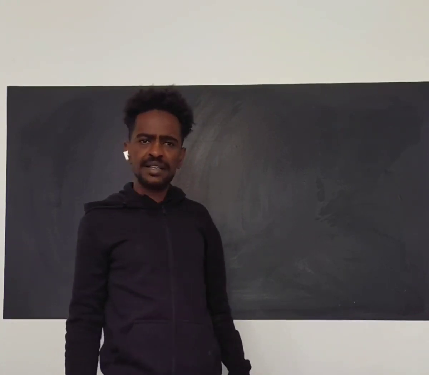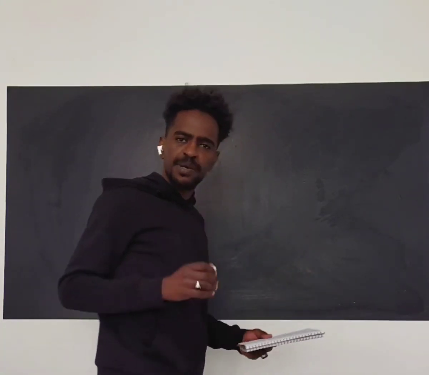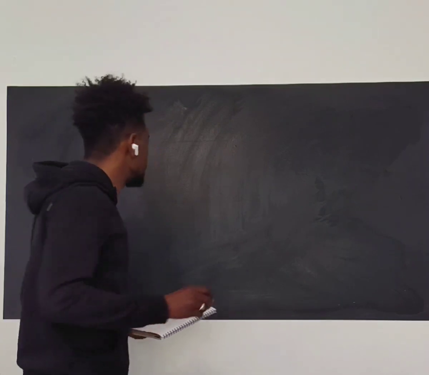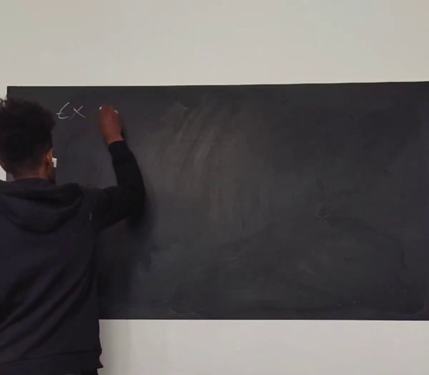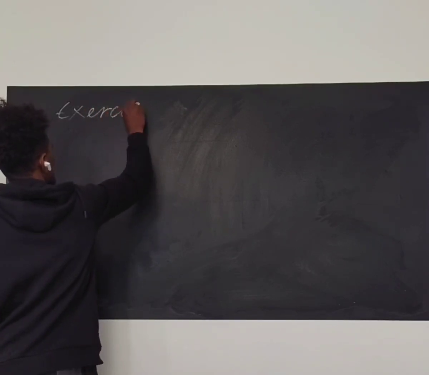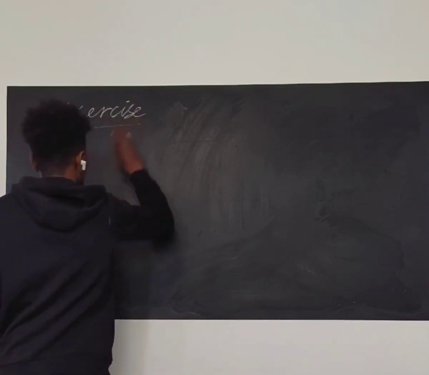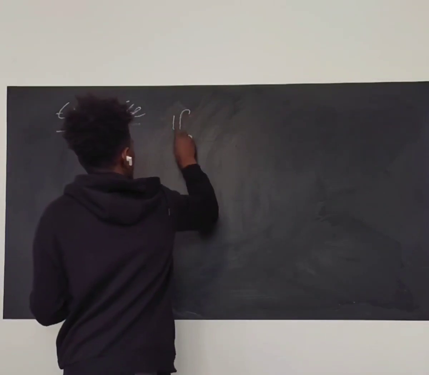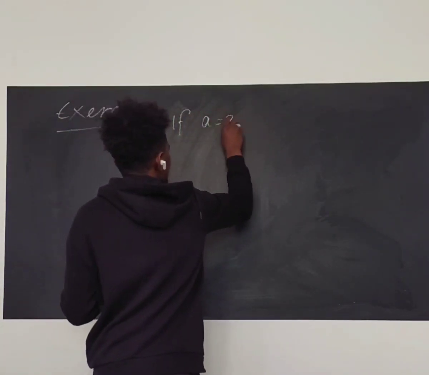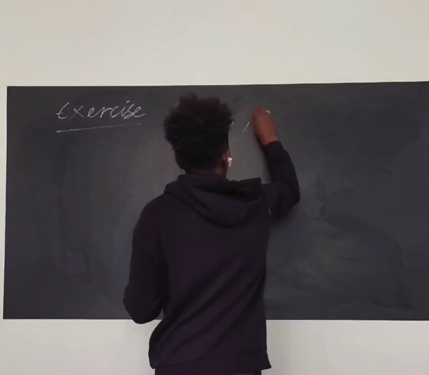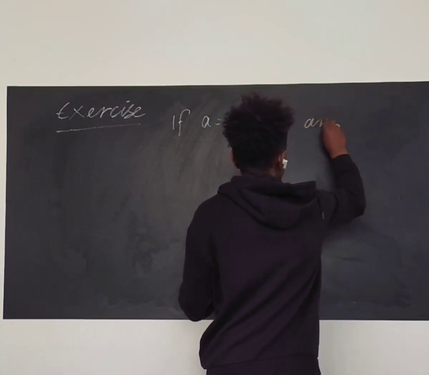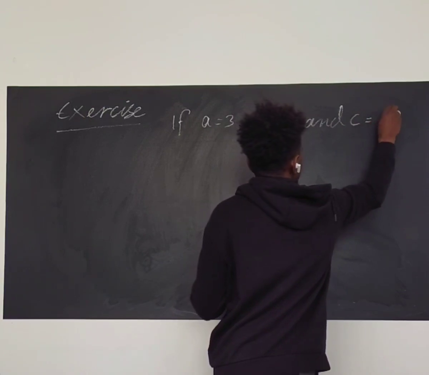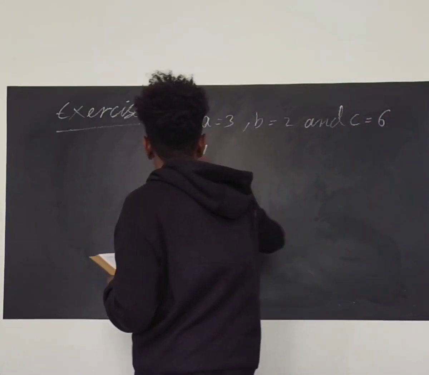So now I will give you guys an exercise, and I believe that everybody of you will be able to solve it. So if a is equal to 3, b is equal to 2, and c is 6, evaluate.